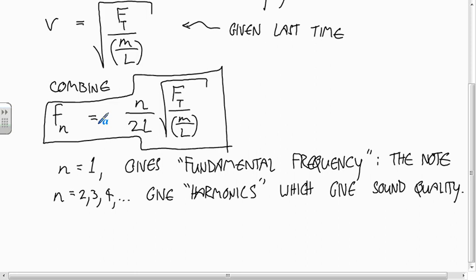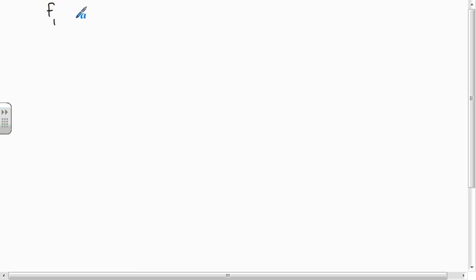The fundamental frequency f1 is equal to 1 over 2L times the square root of the tension over the mass per length.